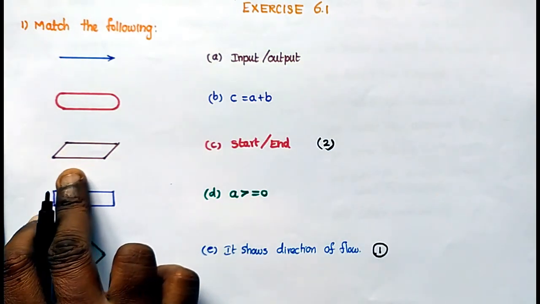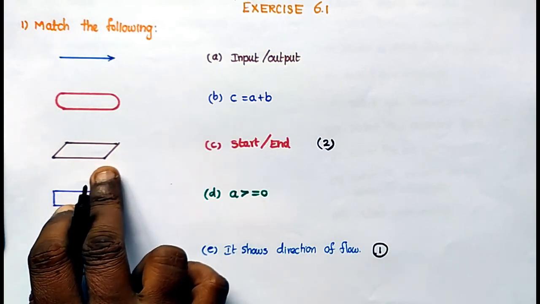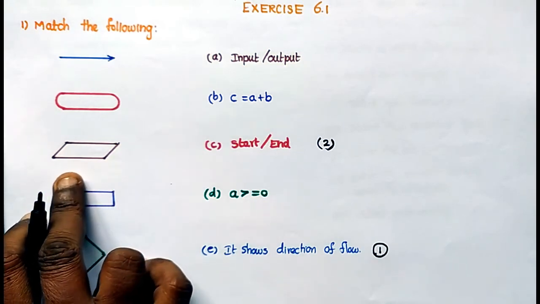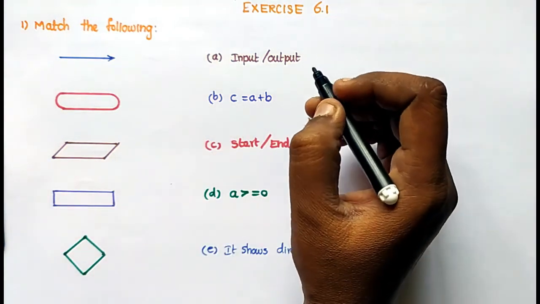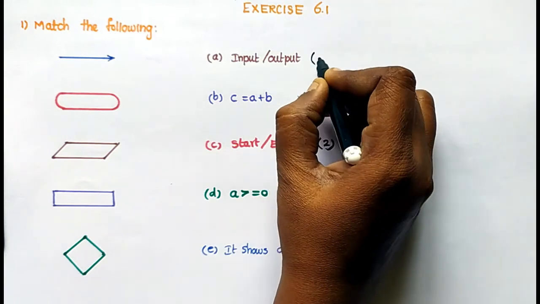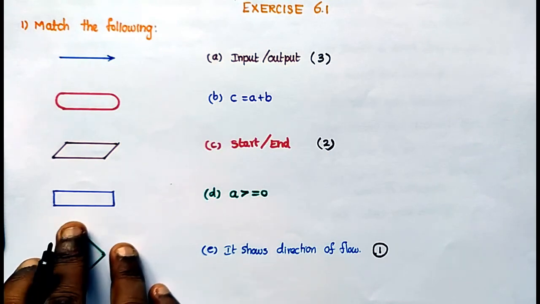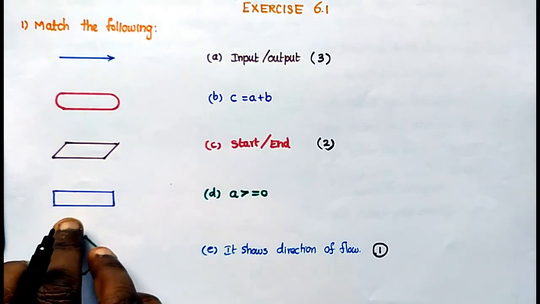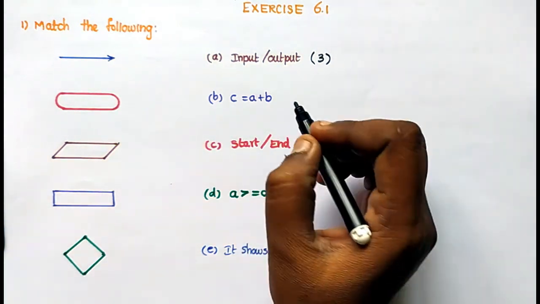Next, this is used for which one? Input and output. That is the third one. Fourth, what is the process we have to do in this operation?